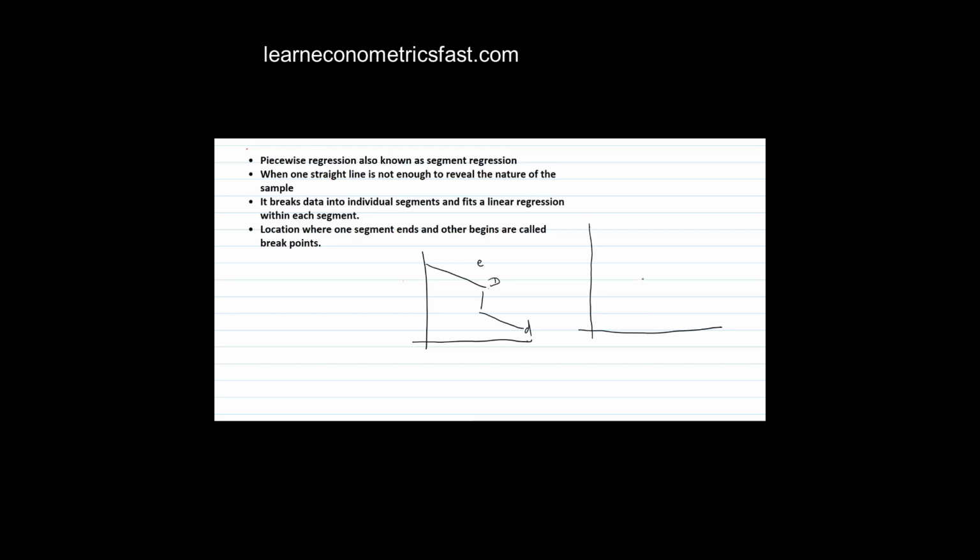And the difference will be in terms of the trend. Up to this much you are having one rate, then from this point, which is also known as the breakpoint, the line is changing its shape, right?